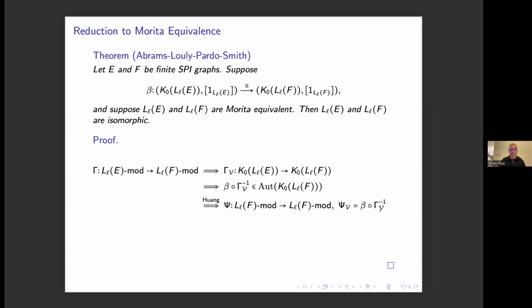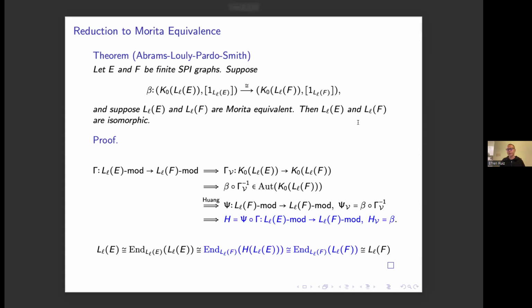What you get after that is a Morita equivalence lifting this isomorphism beta. And then all of the algebraists will know that whenever you have a Morita equivalence for which the induced isomorphism in K-theory sends the class of the unit to the class of the unit, then these Leavitt path algebras are isomorphic, just by going through the usual argument.